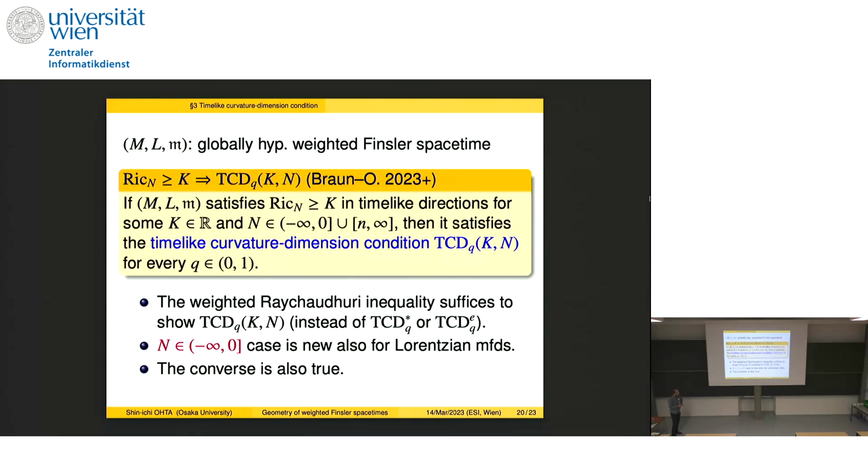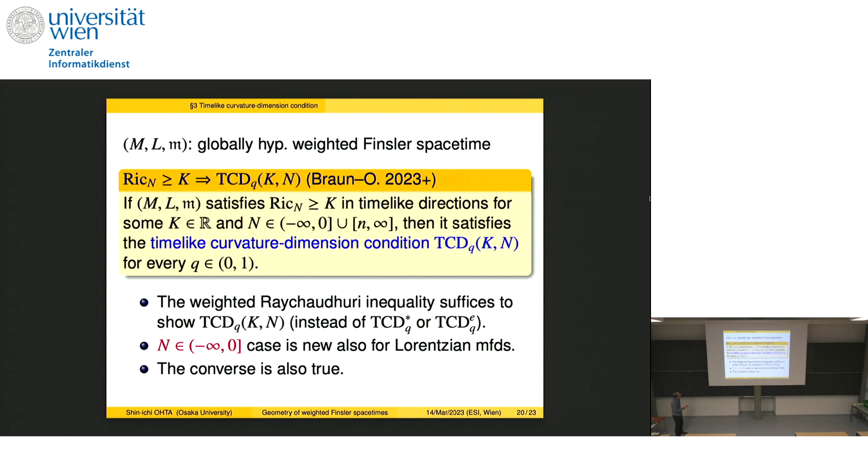This is because the Ricci inequality is already after decomposition of the motion and the perpendicular direction. The weighted Ricci inequality is only for the perpendicular direction, so it's natural to have the original TCD condition.